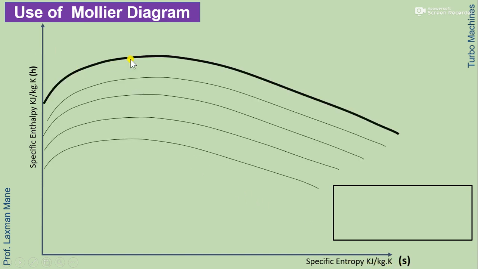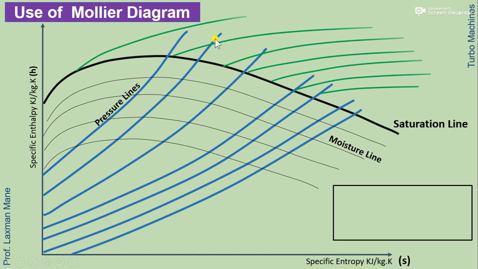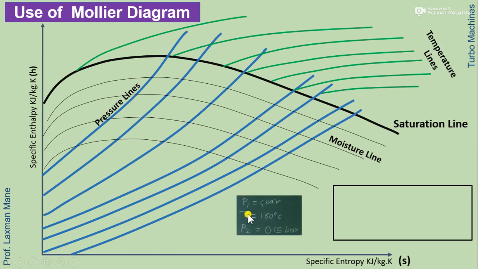Then this is a saturation line, and these others are moisture lines. Then these are the constant pressure lines, these are the constant temperature lines. As we are given pressure at inlet and outlet and temperature at inlet, we can now plot the inlet and outlet conditions.